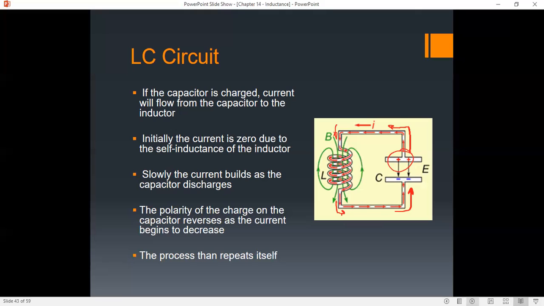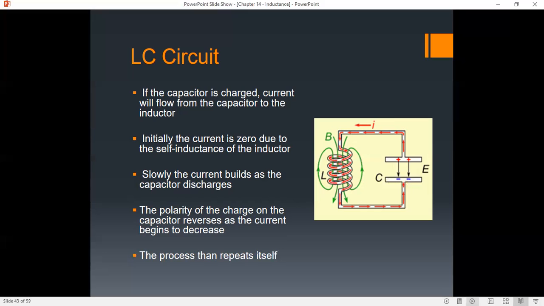Well, eventually, enough of the current flows so that my capacitor now has the opposite charge on the lower plate and the opposite charge on the upper plate. And this field's going to get stronger and stronger while the magnetic field begins to give up its energy back to the capacitor. And as you might have guessed, the whole process reverses itself and starts over again. And there's the oscillation that takes place.